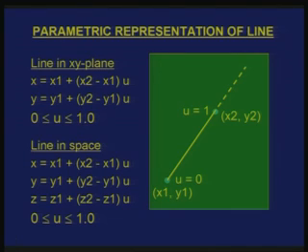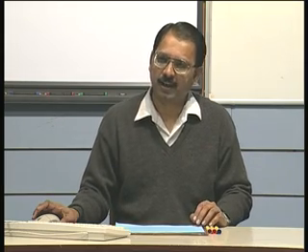And whenever I use a parametric representation like this, I also have a direction for this particular line. Okay. There is always a fixed starting point and end point. The starting point is represented by u is equal to 0, which is x 1 y 1, and u is equal to 1 gives me x 2 y 2. So, the straight line is going from, you can say, the starting point to the end point. I can also reverse it, and the equation also changes accordingly when I do that.